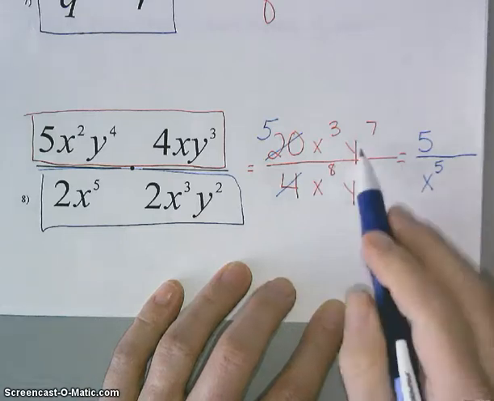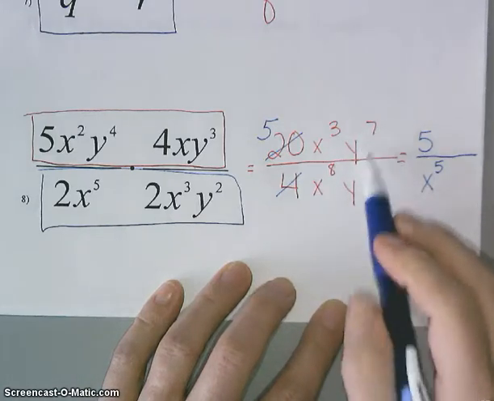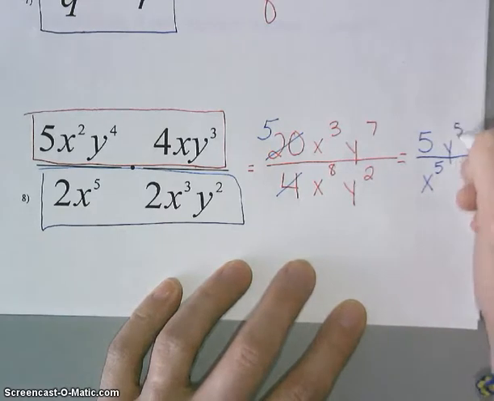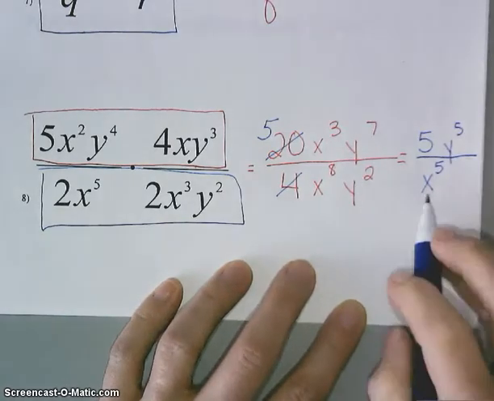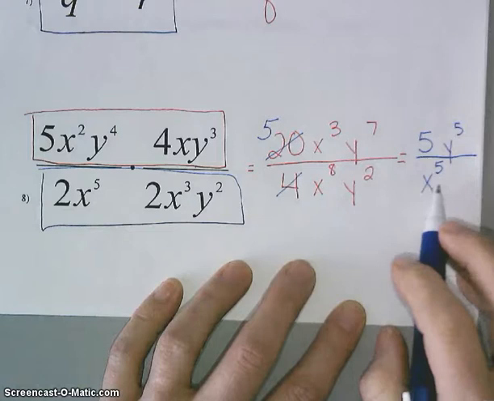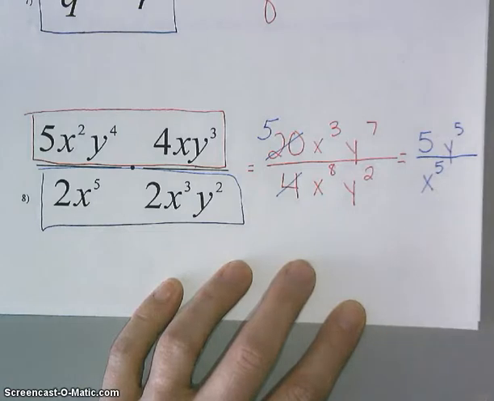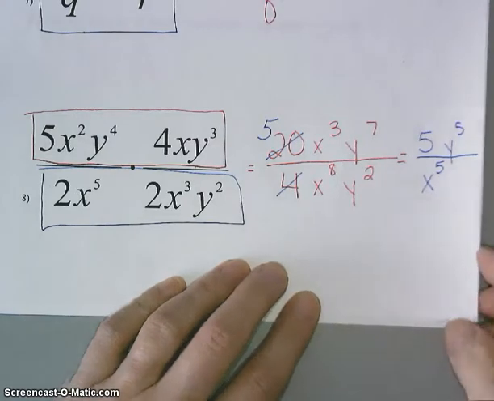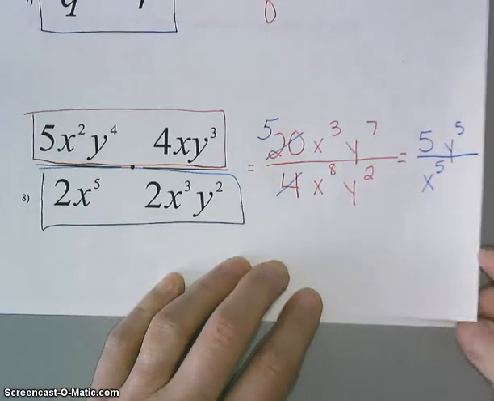Then I have 7 y's on top and 2 on the bottom, so that means I have 5 left over. And when you look at your answer, you have only x's on the bottom, only y's on the top, no repeating variables, so you know you're done. Okay, take a moment and pause the video and try the next on your own questions.